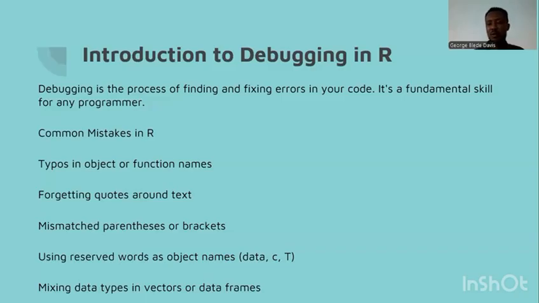So TRUE is a logical value in R. You can use such names and assign them to objects. These are some of the mistakes we make. Mixing data types, as with a numeric vector and a character, will give you an error or will not give you the right output. These are some of the mistakes we make.